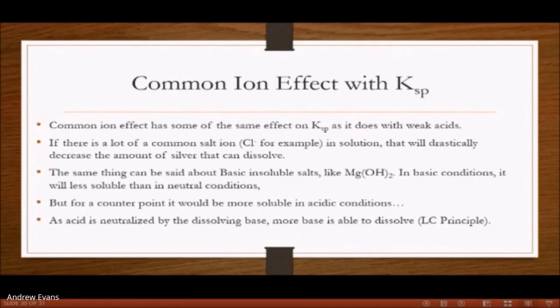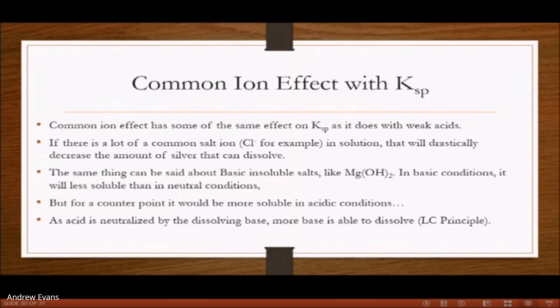Now, there is something of a common ion effect. The common ion effect has to do with Le Chatelier's, kind of like a buffering effect. The common ion will have the same effect on Ksp as it does with weak acids. For example, in silver chloride, if there's a lot of a common ion like chloride in solution, you will have a lot less silver capable of dissolving.